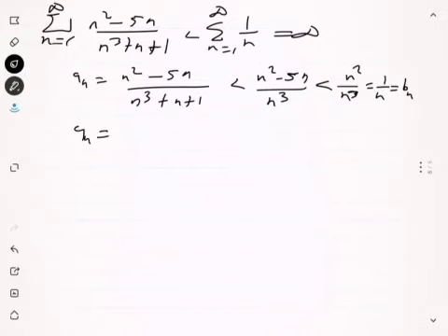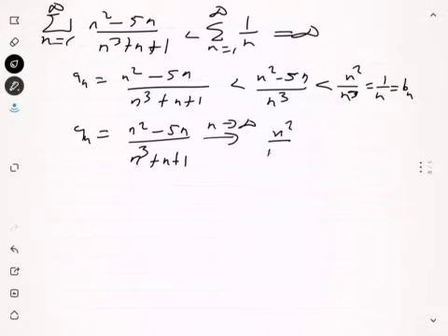But an is still going to be (n^2 - 5n)/(n^3 + n + 1). And still, as n approaches infinity, we get n^2/n^3, which is 1/n. And we're still going to call this bn.